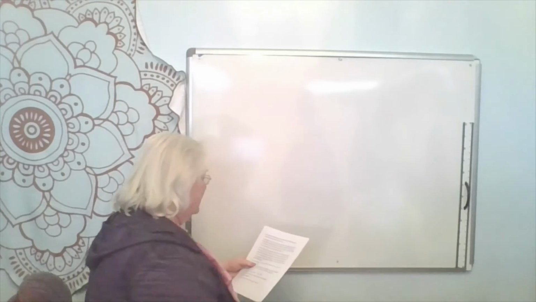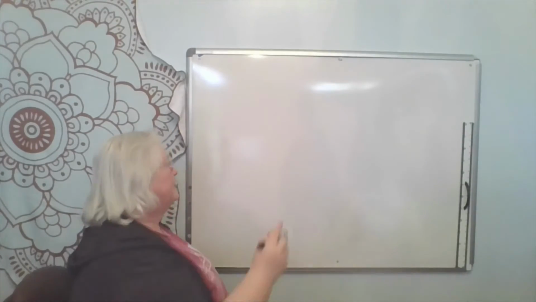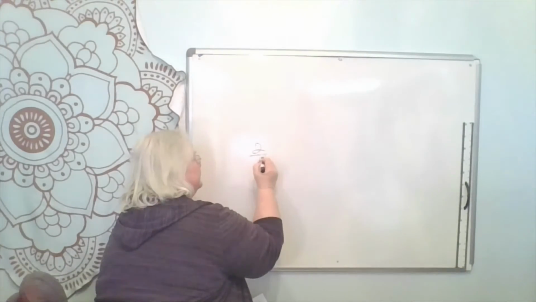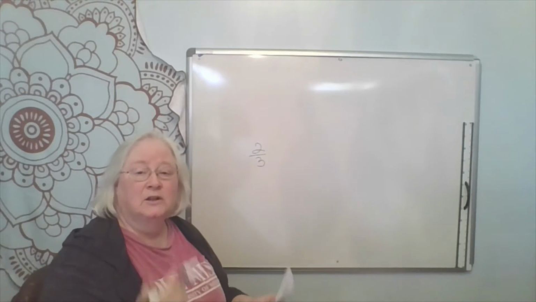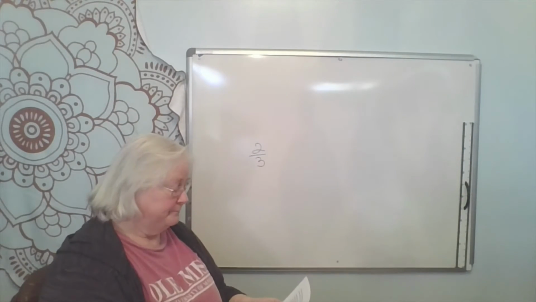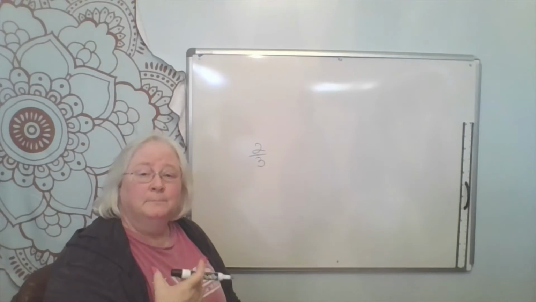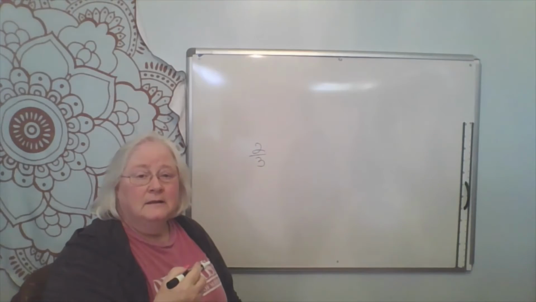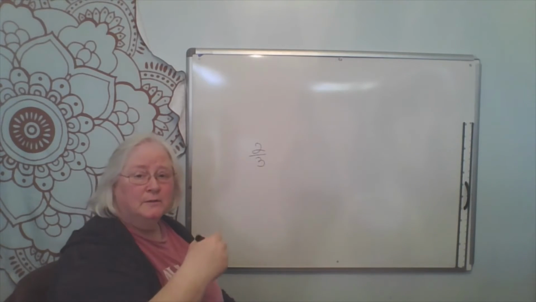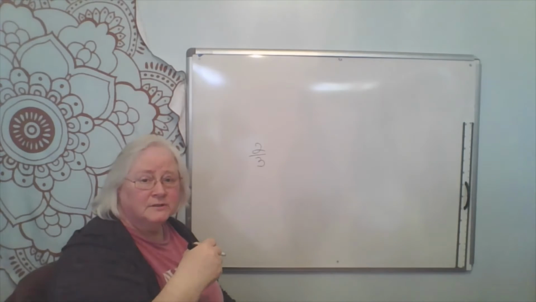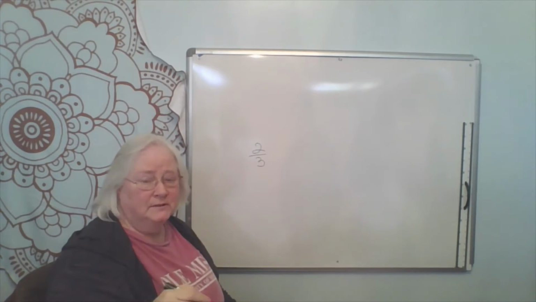Okay, so let's say that we have the fraction 2/3, and we want to find an equivalent fraction to that. So we need to find multiples. And the way that we do that is we say both numbers, top and bottom numbers, times the same number.